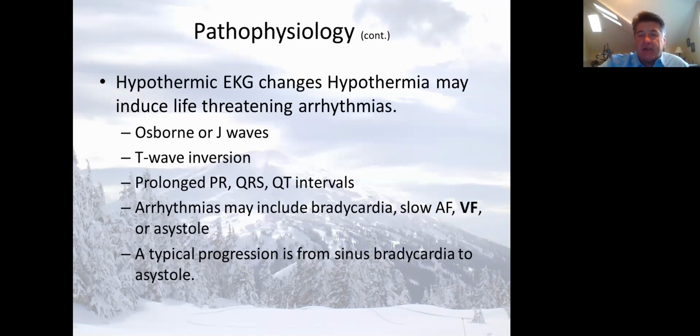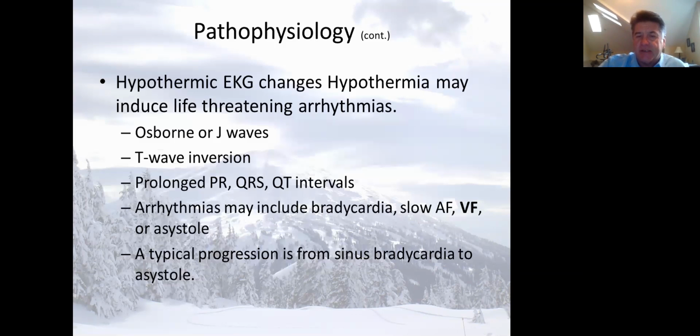Hypothermic EKG changes happen with hypothermia, and they may induce life-threatening arrhythmias. I'll go over a few of these arrhythmias in a few minutes. Osborne or J waves, you're going to see those on maybe one of your tests, and I'll show you an example of what those can look like. But you get some standard EKG changes. You can get Osborne or J waves. You can get inversion of the T waves all across the heart. And you can get QT prolongation or widening of the QRS.